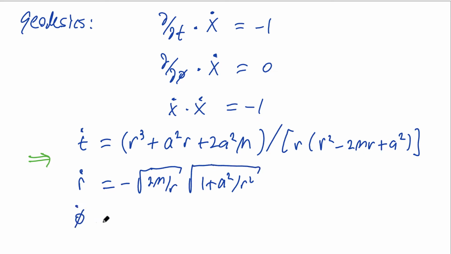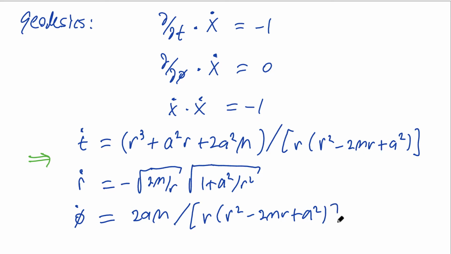And phi dot, remember theta dot is 0, is equal to 2am divided by r times r squared minus 2mr plus a squared.